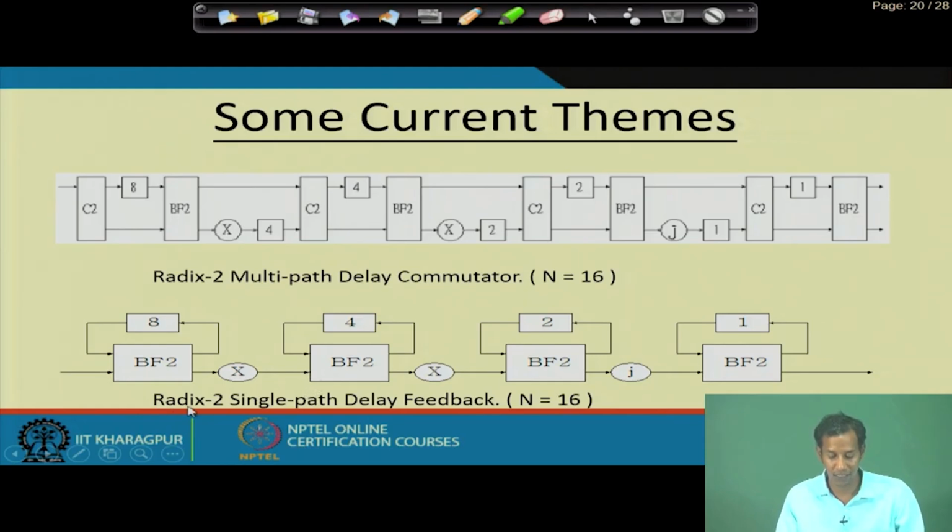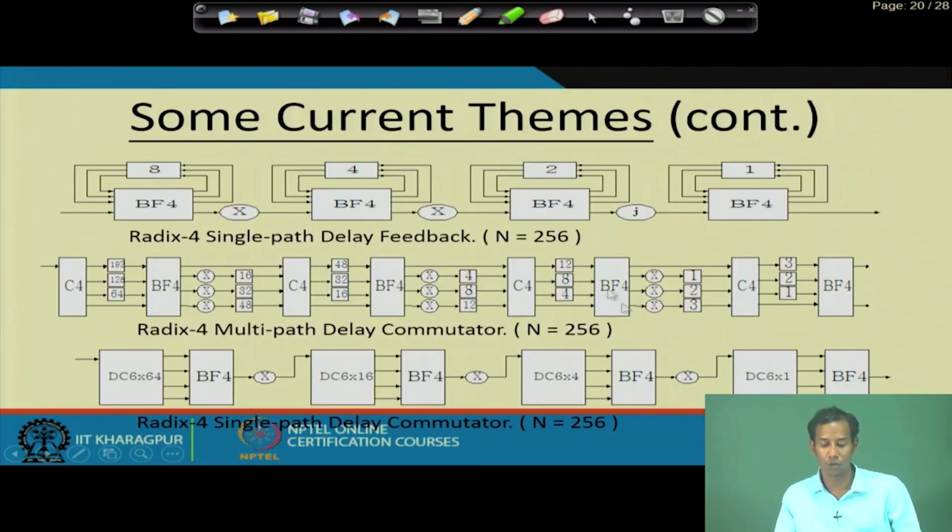Here you see the radix 2 single path delay feedback. Here the butterfly consists of 8 times here, 4 times here, 2 times here and 1 time here. Then this one is for a radix 4 single path delay feedback, used for a 256 point FFT.